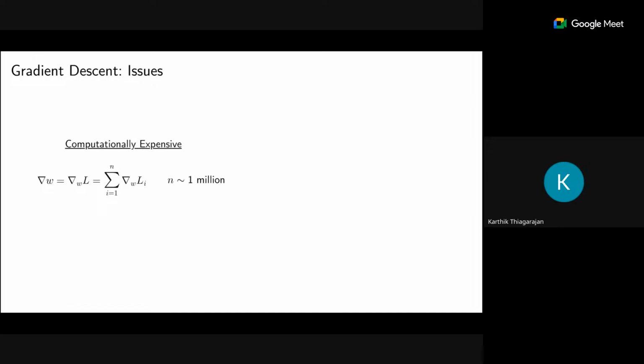So meaning, if you want to compute the gradient, you have to compute the loss function on a million images and then take the gradient, right? So that is a summation over 1 million terms. This can be a lot. Okay, so what happens is that computing the gradient itself is going to be a costly operation. So that's the first issue.